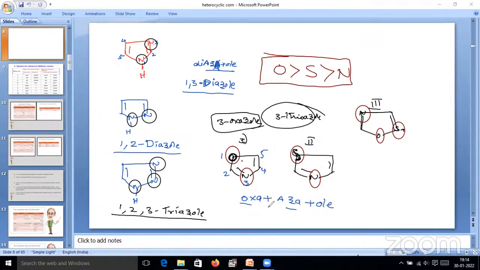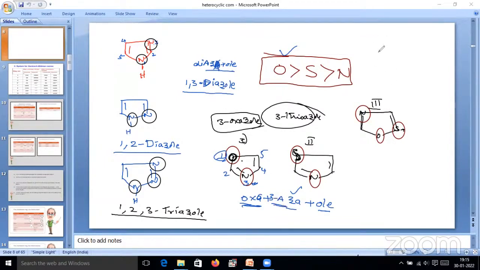First write oxygen according to priority order, then nitrogen, then word root and suffix. So you can delete this one. First of all, mention the position of nitrogen. The position is third. This is the first position.